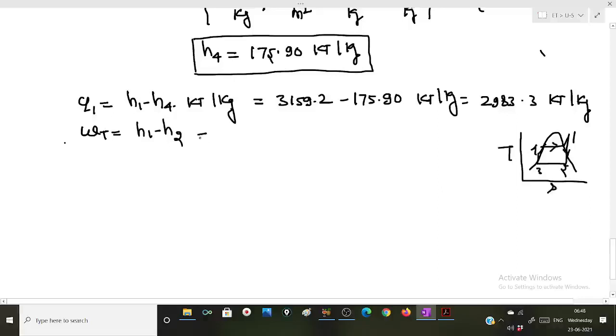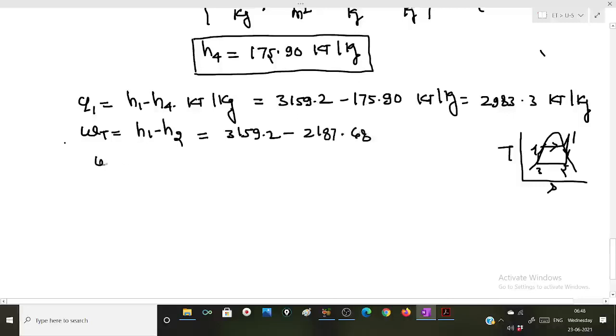H1 value is 3159.2 minus H2 value 2187.68.